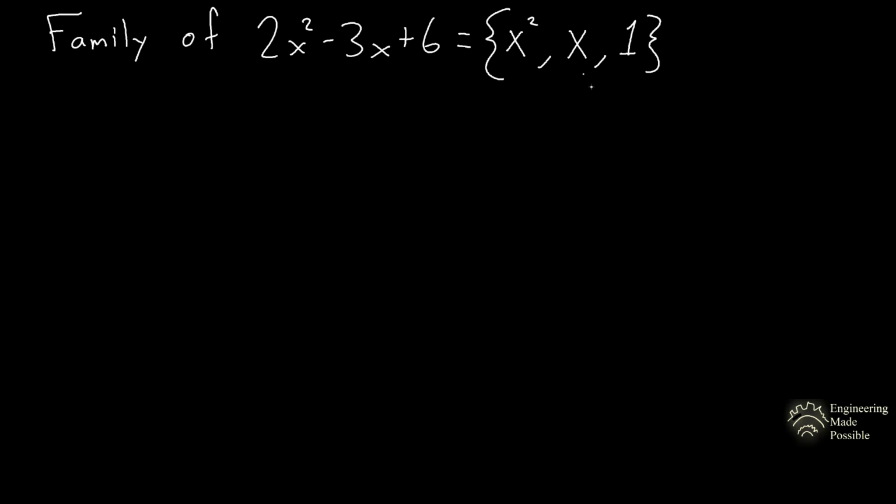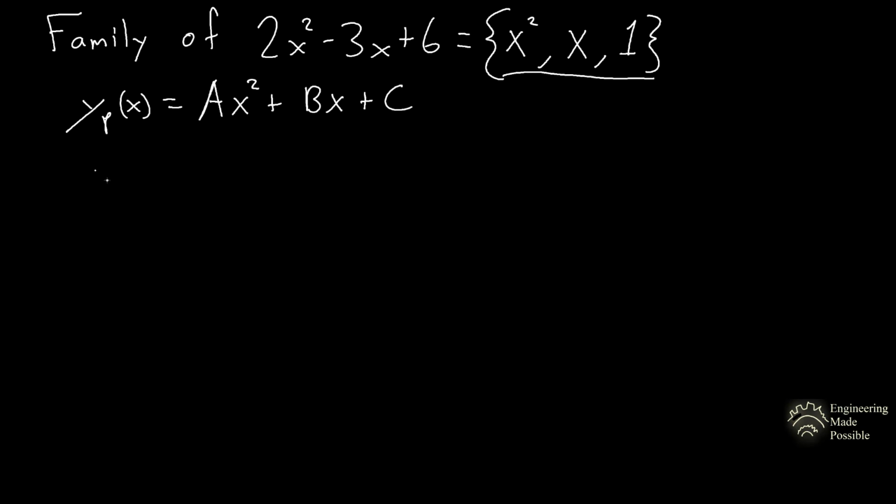Now, once we determine all the families of the function, this is where we get what we call the particular solution, which is going to be the families multiplied by a constant. We could call these constants by any arbitrary variable. Let's say for the first one, constant a times the first family, plus the constant b times the second family of the function, plus c.